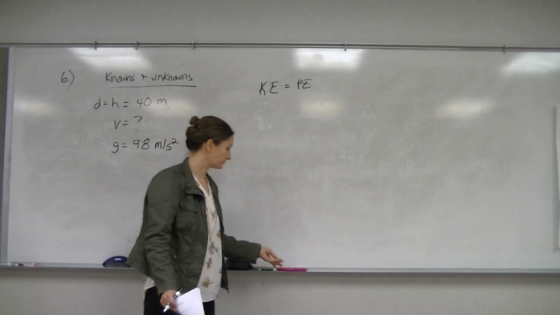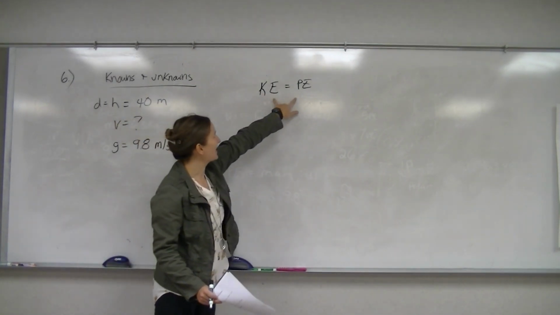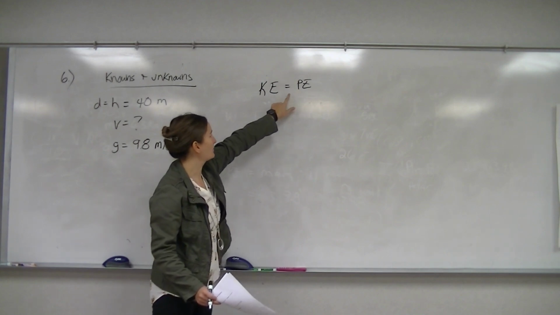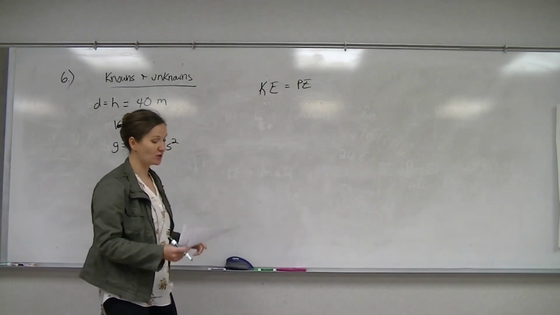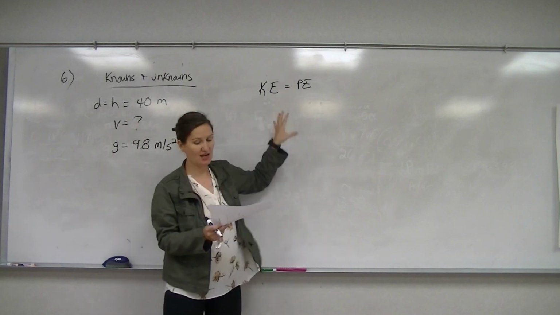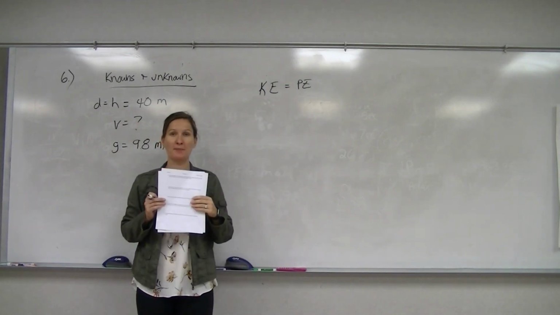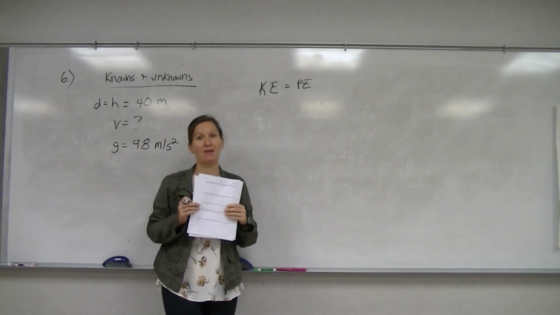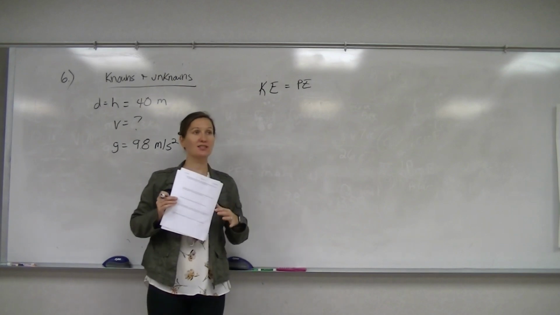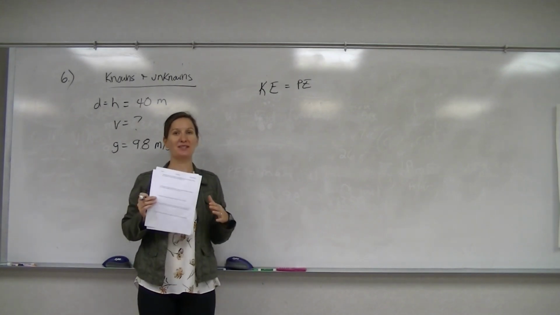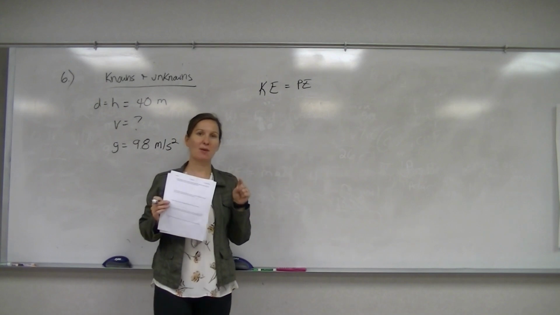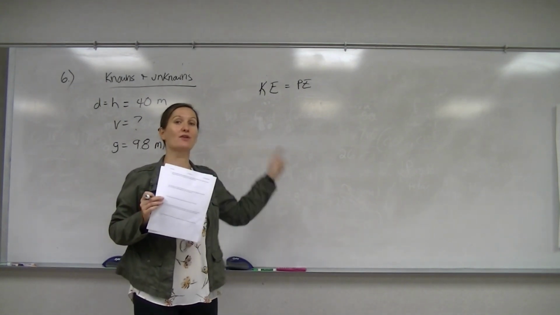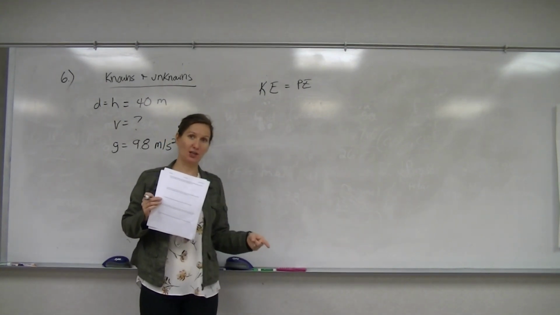So, since the potential energy of an object is equal to the kinetic energy of the object, I can use this theory on this person. When that person's standing at the top of that 40-meter cliff, they have a certain amount of potential energy. As soon as they step off, that potential energy is converted into kinetic energy.